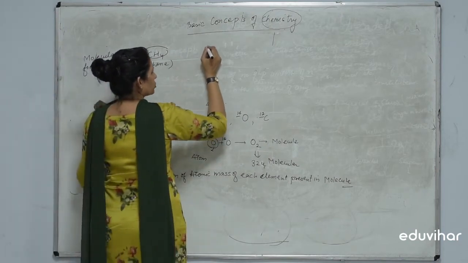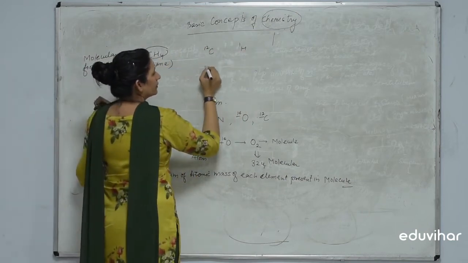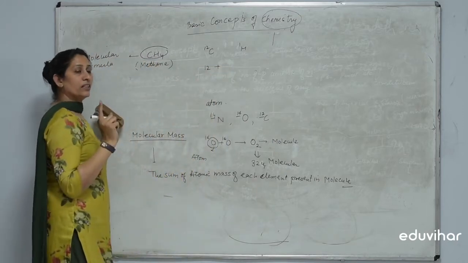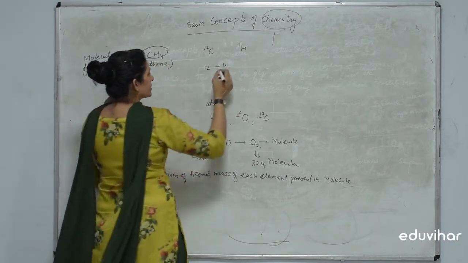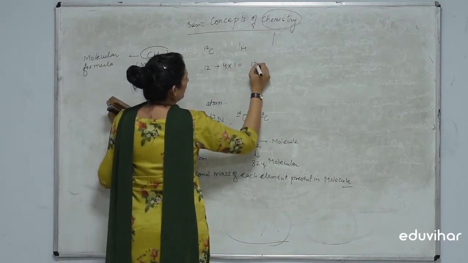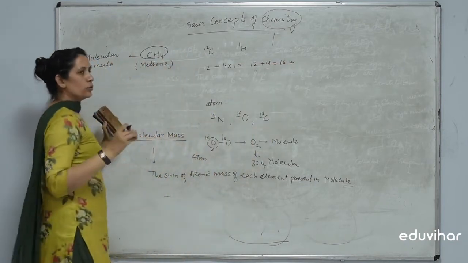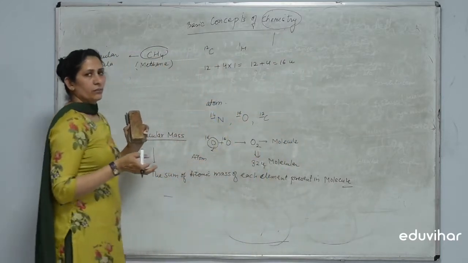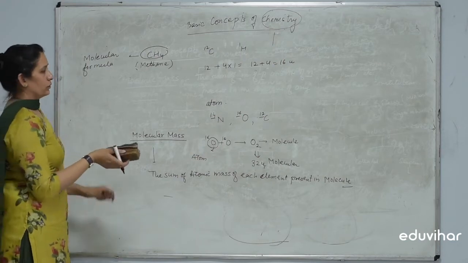Carbon has mass 12. Hydrogen has mass 1. We have 1 carbon, that is 12, plus we have 4 hydrogen, and each hydrogen has atomic mass 1. Then 12 plus 4, that is 16 unit mass. You can say AMU, you can say gram, because whenever we are measuring mass, it is in gram or unit.